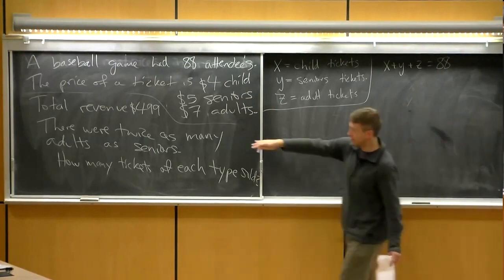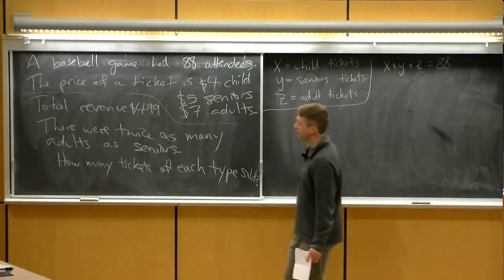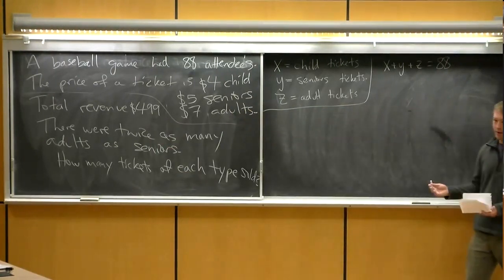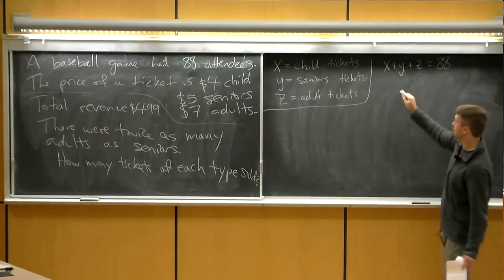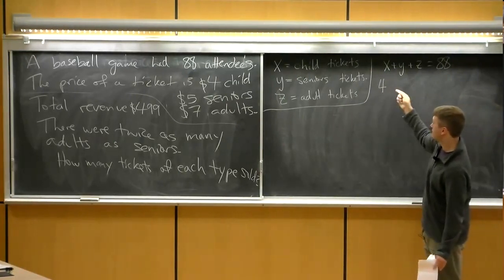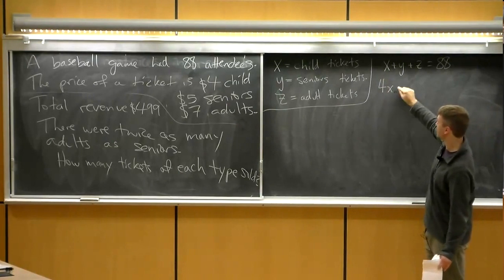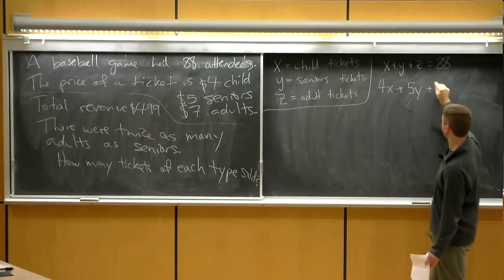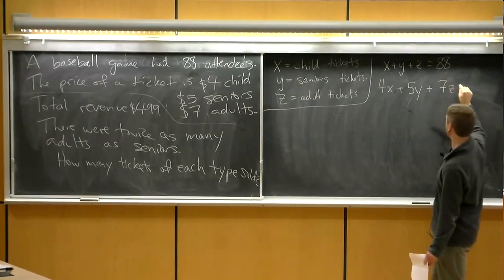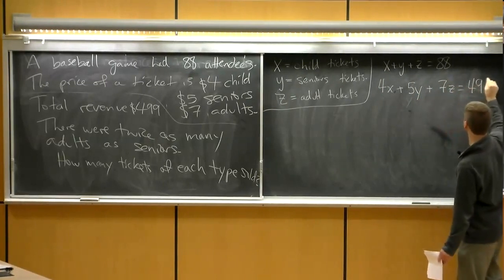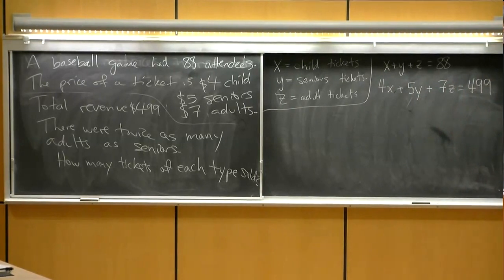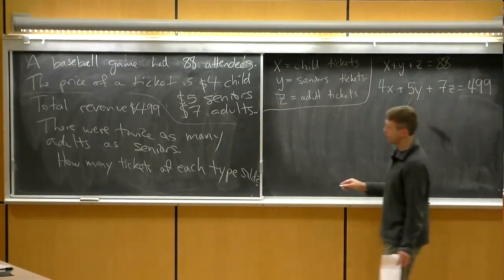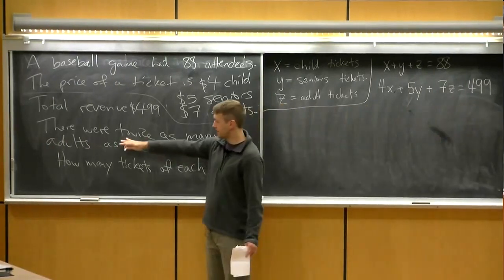But there definitely is going to be something involving this $499. So the total amount of money they made was $499. So for every child ticket, they made $4, right? $5 for every senior. $7 for every adult. So that's my second equation. And then I have a third equation from this.